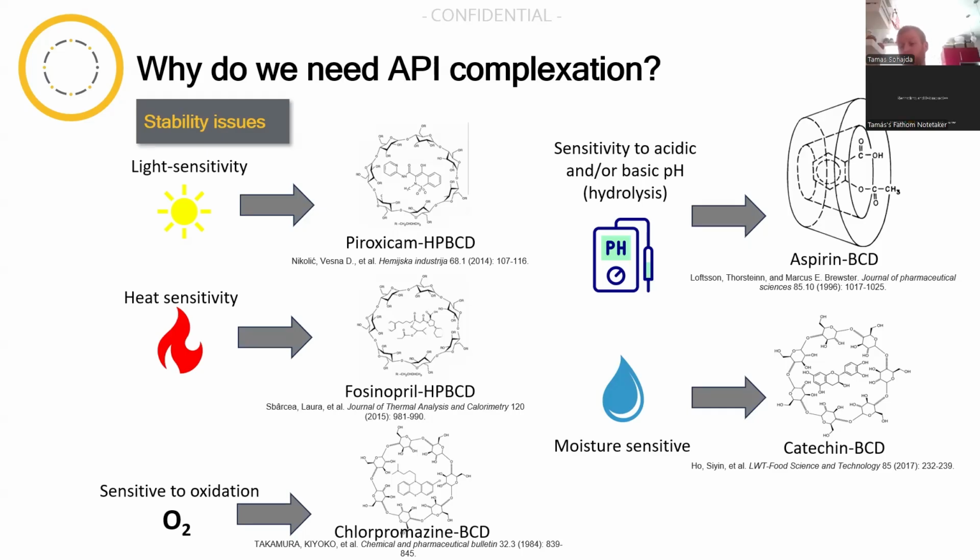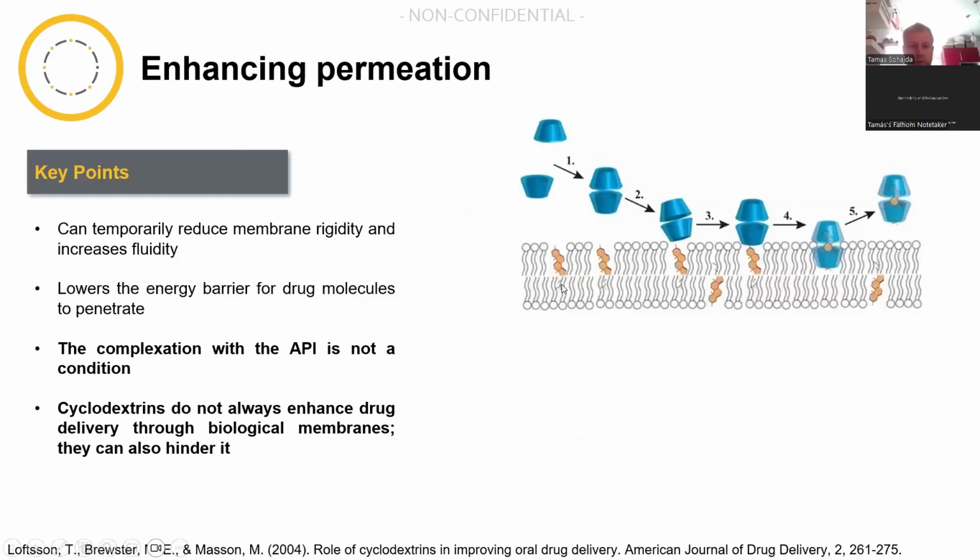Once it's in the cavity of the cyclodextrin in a solid form, the cyclodextrin can protect it from the external forces, or the moisture, the water. But of course, the active ingredient has to survive until it gets into the cyclodextrin cavity. But there are non-aqueous complexation methods for that too.